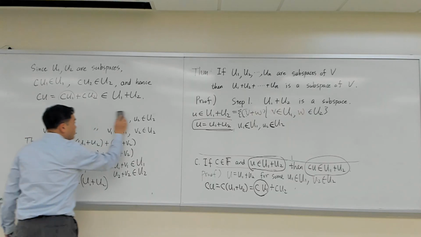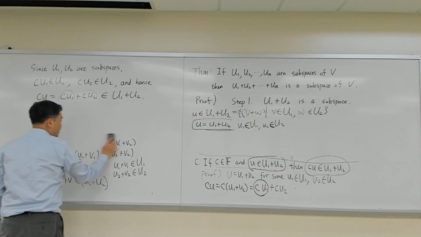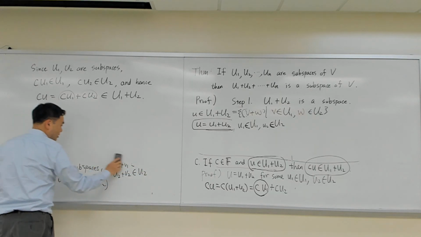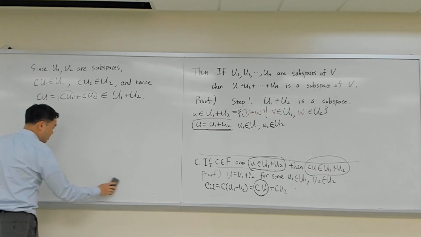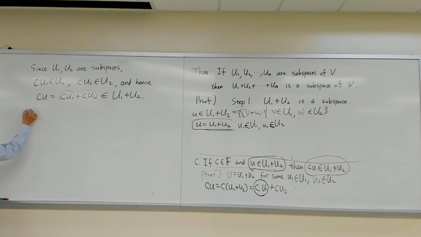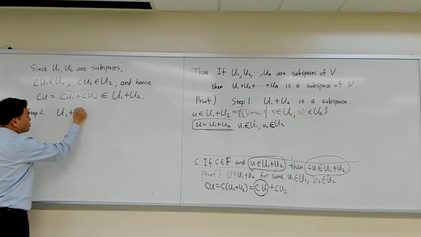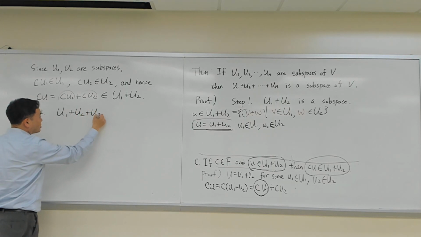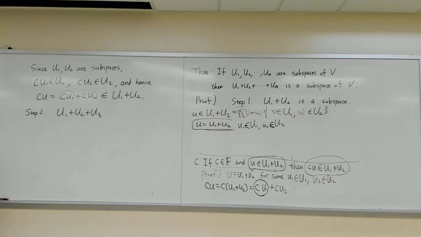All right, so what should be the next step? Step 2, well, let's just move on. How would you show that U1 plus U2 plus U3 is a subspace?